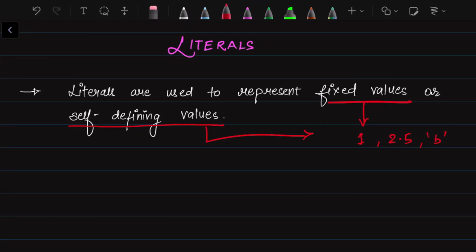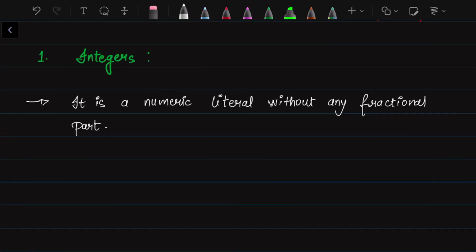So we are going to see every literal that C programming gave to us. Let's start with integer literals. Integer literals are basically numeric literals, which means they are numbers without any fractional part.